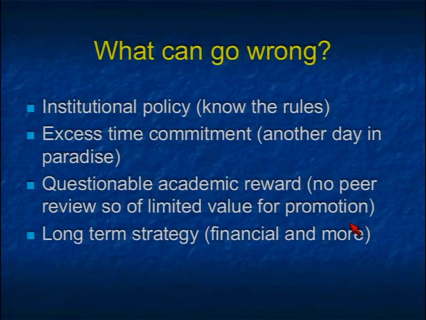You also need to know what can go wrong. Institutional policies. We don't get involved with patients, okay? At Hopkins, the institution wants to deal with patients, so I don't deal with anything with patients. It could take a lot of your time, which it does. It's always challenging, I think, a little bit as perhaps things are changing. How do you get academic credit?